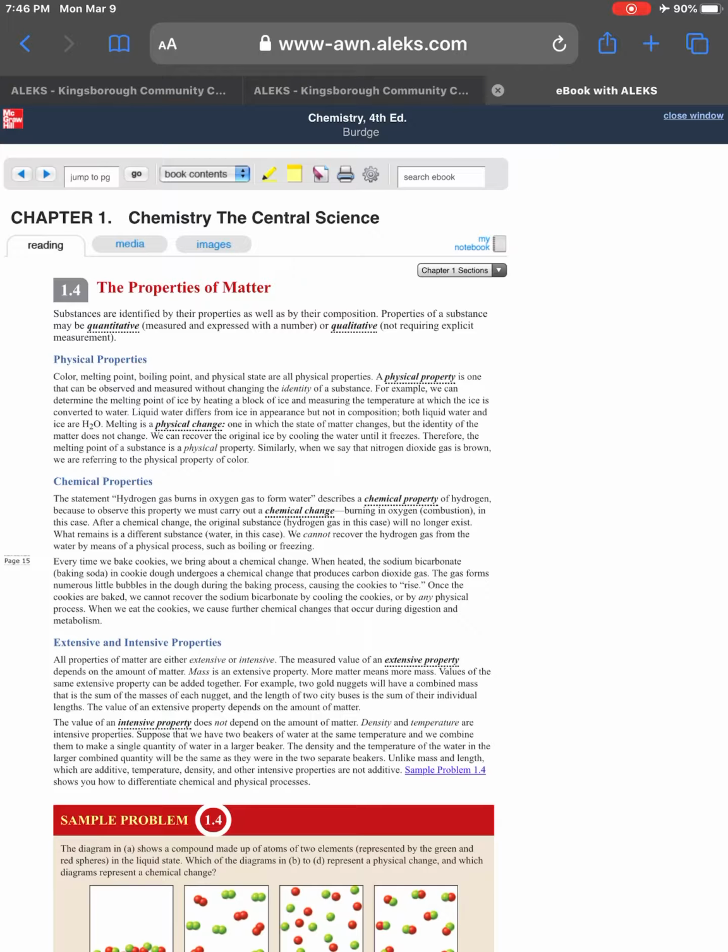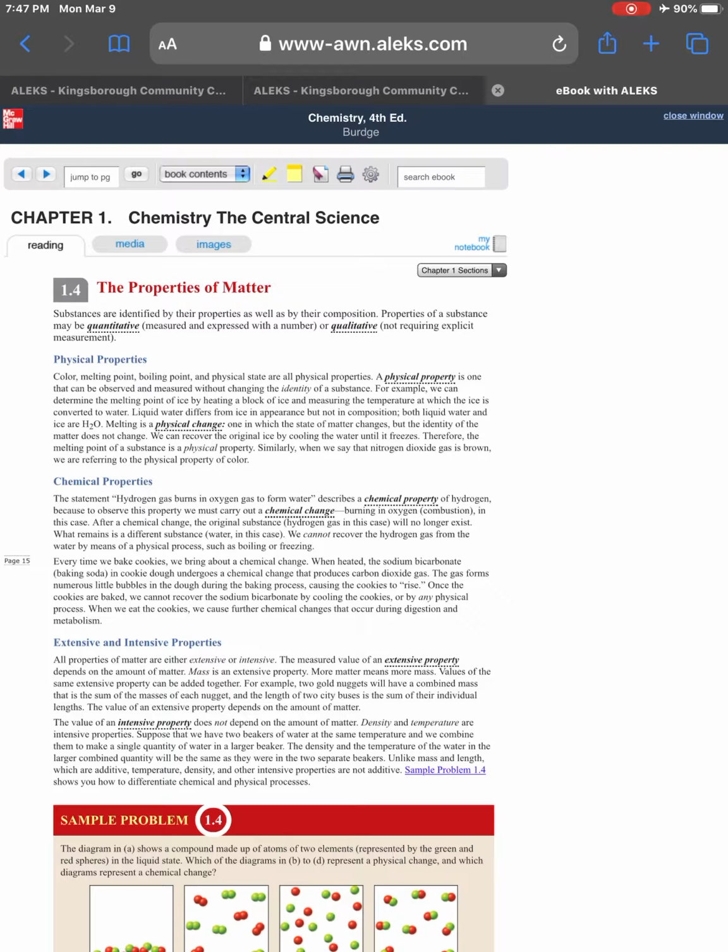There are what we call physical properties. Examples of physical properties are ones that are not directly associated with chemical change. Examples include the color of something. If something is red, that's a physical property.